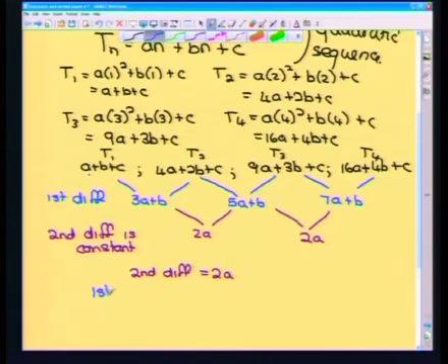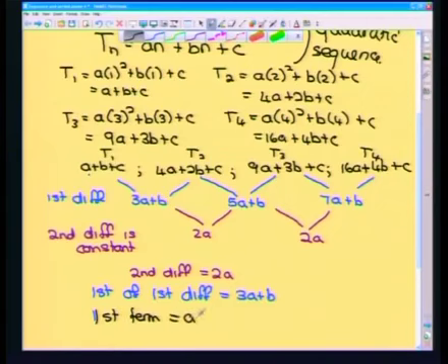The first of the first differences equals 3A plus B. And the first term is A plus B plus C. Knowing those few little formulas can make all the difference to you doing the first of the questions. So let's go across to the first of my questions.